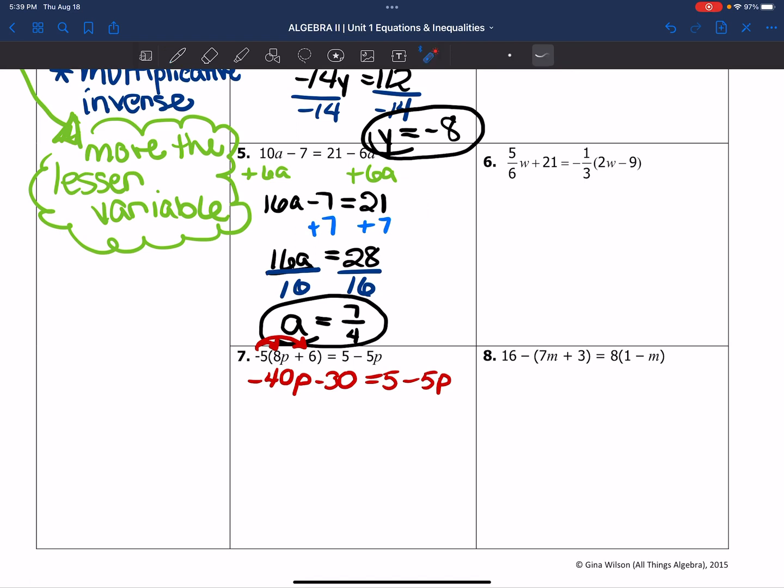If you're focusing on the negative 40p and the negative 5p, the one that is lesser is the negative 40p. So we will add 40p to both of the sides. On the left side, that is a zero pair, so we are left with the negative 30 equals 5, and then that negative 5 plus the 40p is going to be a positive 35p.